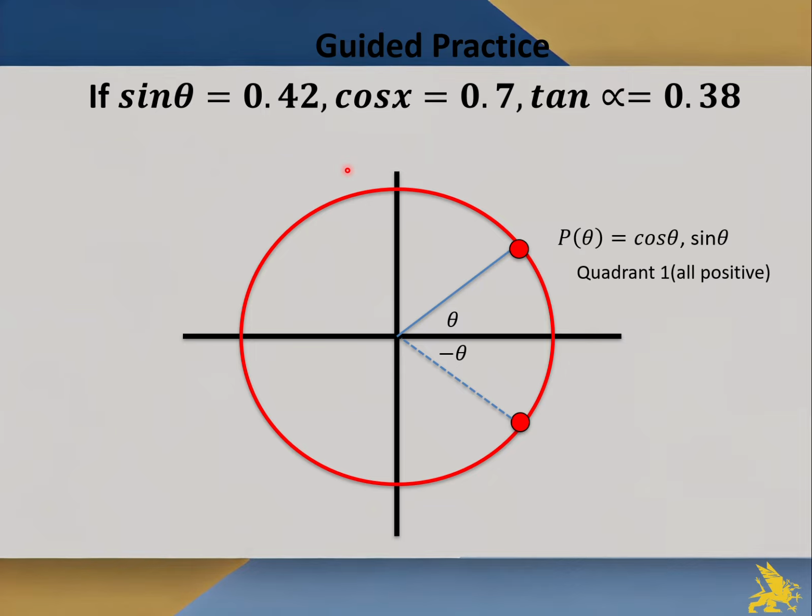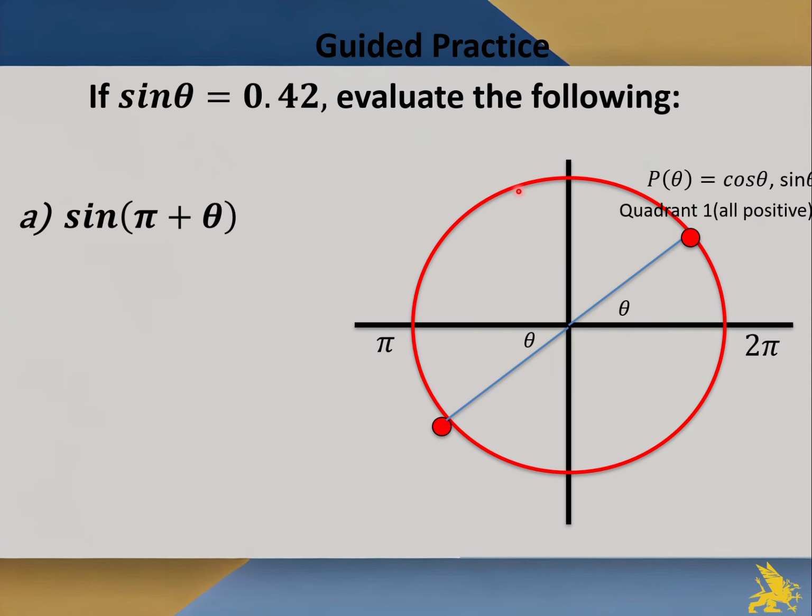Okay, so I'm going to give us some questions on this where we've got sine theta equals 0.42, cosine x is equal to 0.7, tangent is equal to 0.38, and we're going to apply our understanding. So the first thing, sine pi plus theta. So I go pi plus theta, we are going to be in quadrant three.